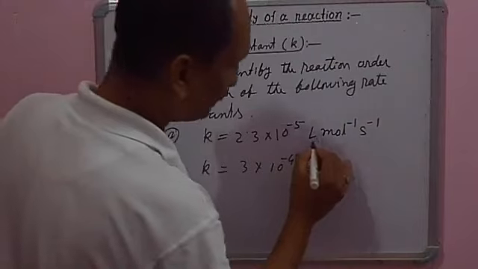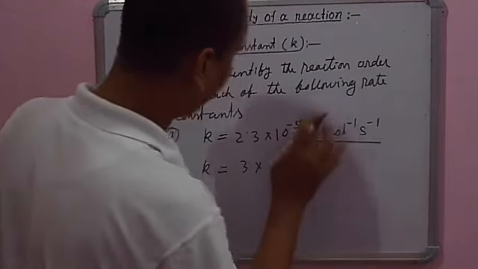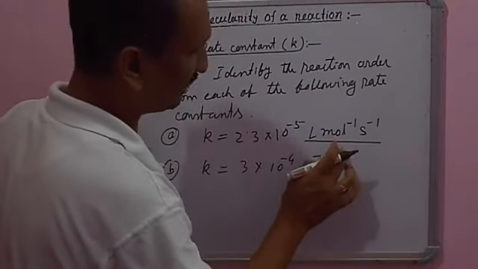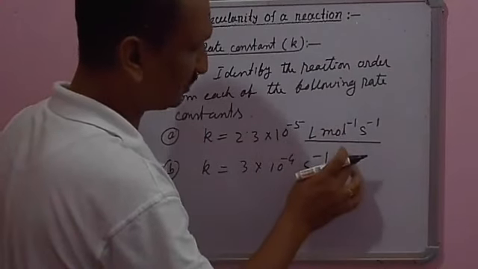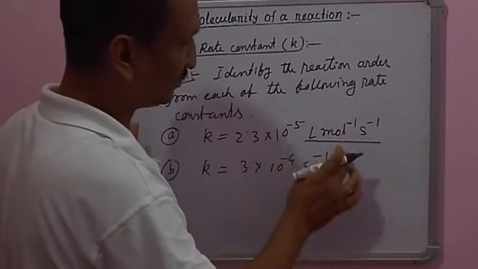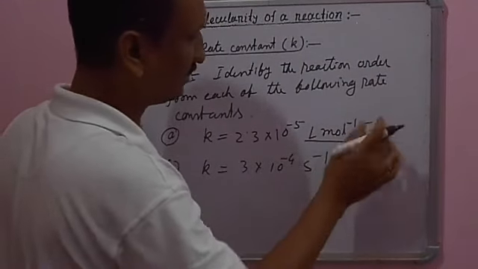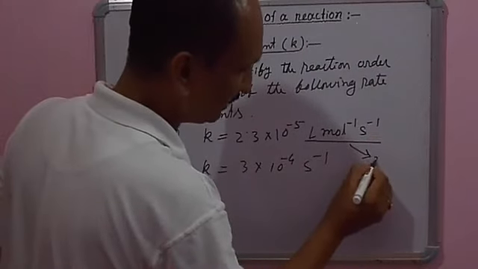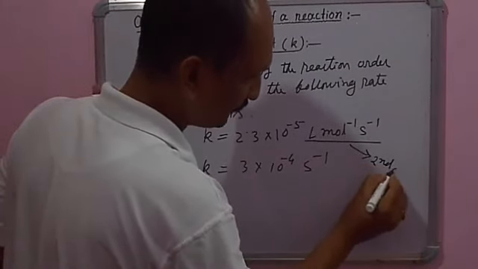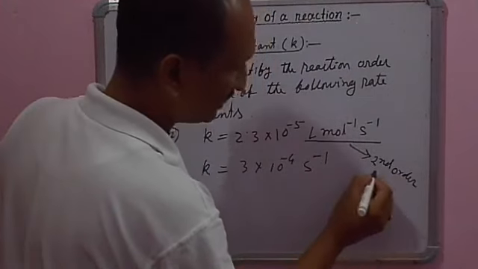Just now we have seen that this is the unit of the rate constant for the second order reaction, that is mole inverse liter second inverse. So this is a second order reaction.